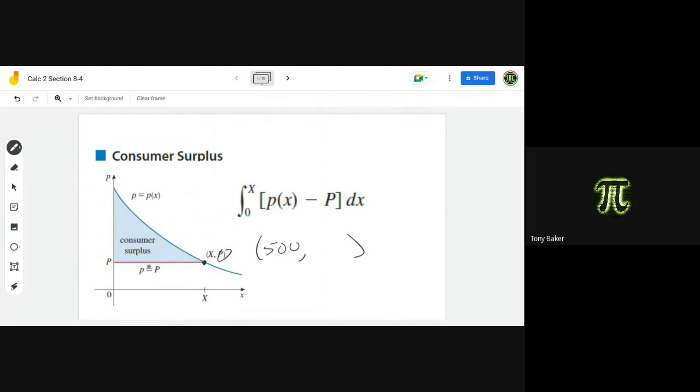As we sell less of them, we can sell it for a higher price. There are people willing to spend more, but I would only sell 400 of them. This is the amount of money people are willing to spend on it, but I'm setting the price here to reach a certain target sales amount. So this is the amount they'd be willing to spend, but they're not spending. Make sense?